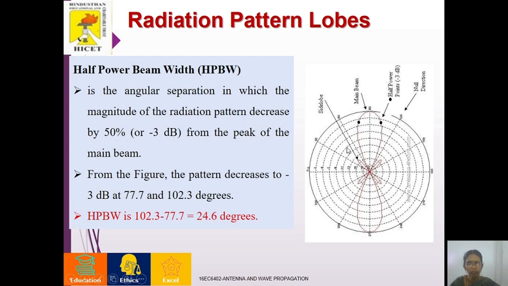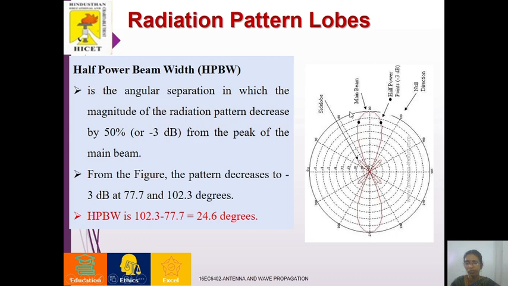Next is half power beam width. This is the angular separation in which the magnitude of the radiation pattern decreases by 50% or 3 dB from the peak of the main beam. From the figure, the pattern decreases by 3 dB at 77.7 degrees and 102.3 degrees.